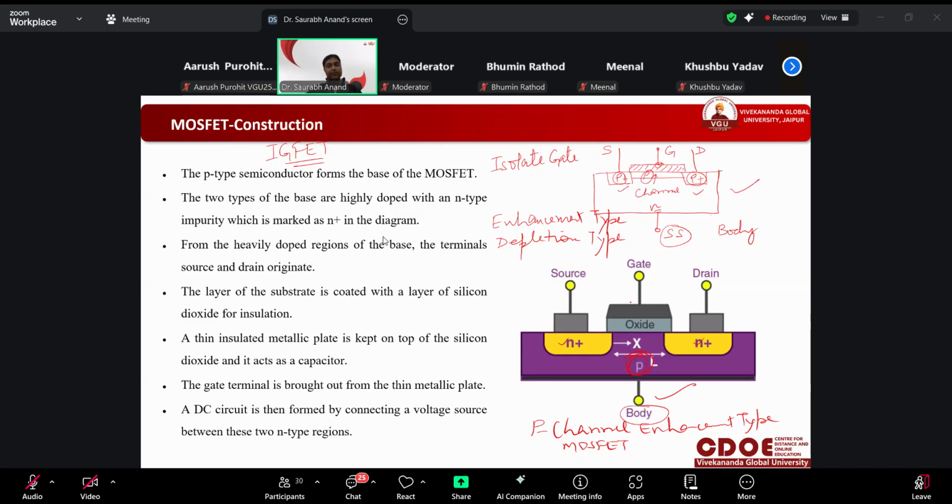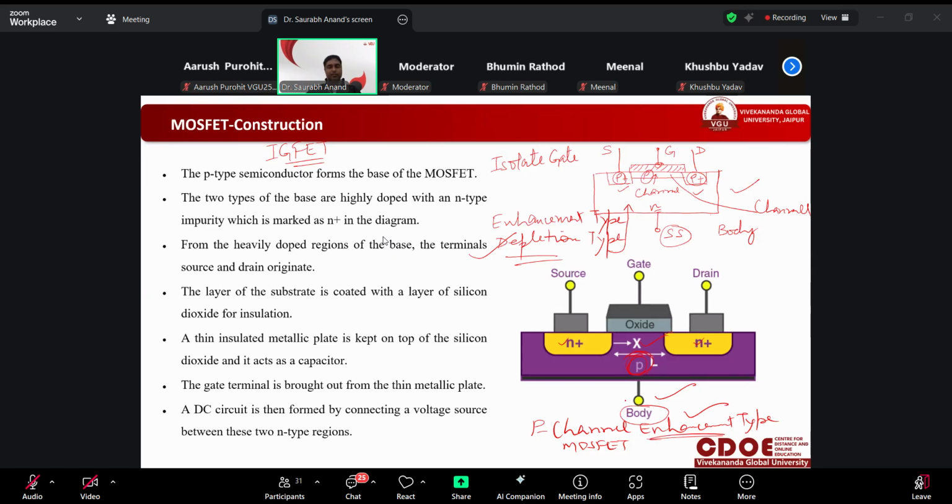So here we will have four types of MOSFET. Two of enhancement type, means P channel enhancement and N channel enhancement, and two of depletion type. So this is the depletion type because we have drawn the channel. If the channel is present, then it is known as depletion type. If the channel is absent, like here where there is no channel, it is known as enhancement type.